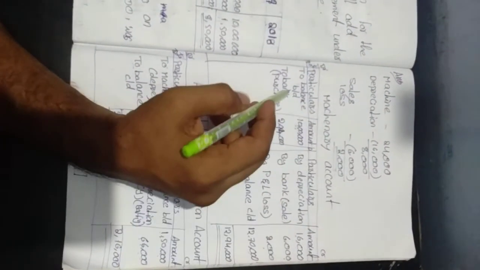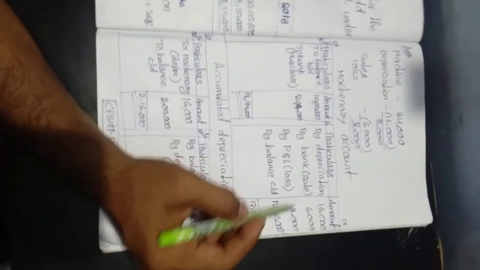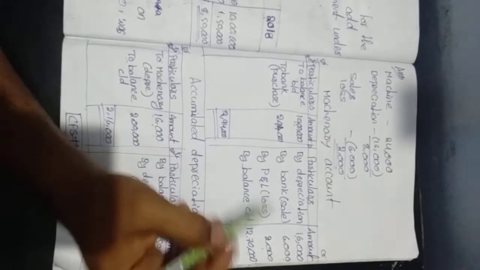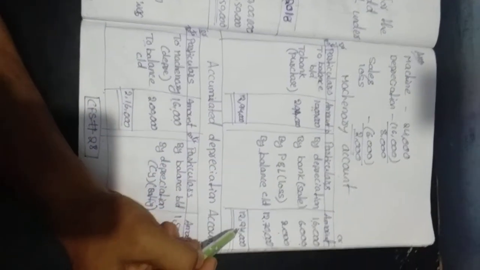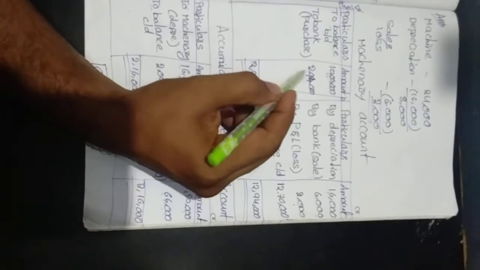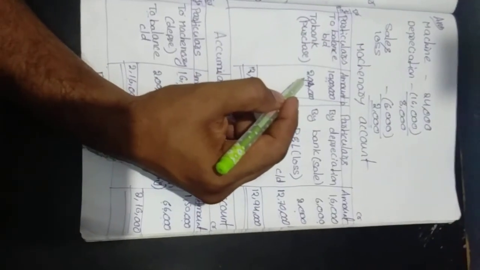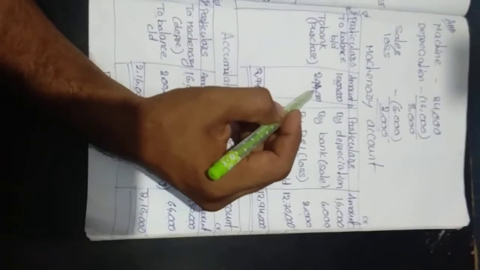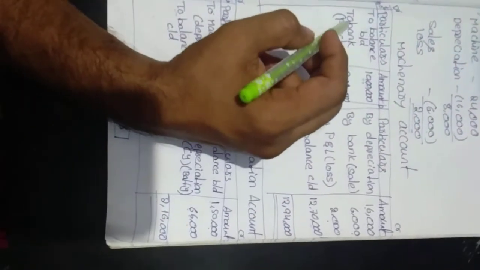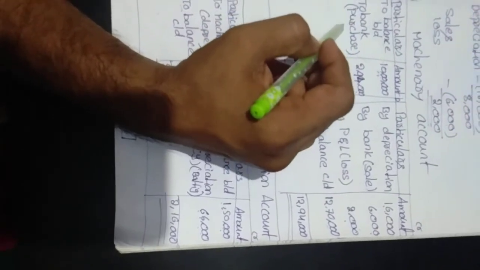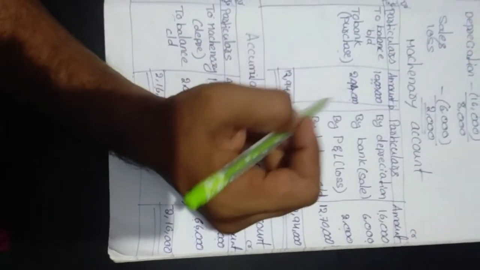Next, on this side you can see that here 10 lakh is there, and here 12,94,000 is there. There is a difference here, the less amount, and that difference is 2,94,000. We already learned that we record it as to bank, and it shows as the purchase of asset.